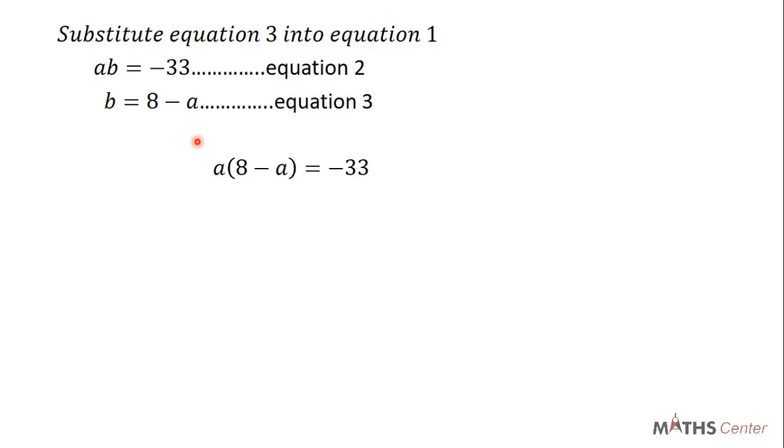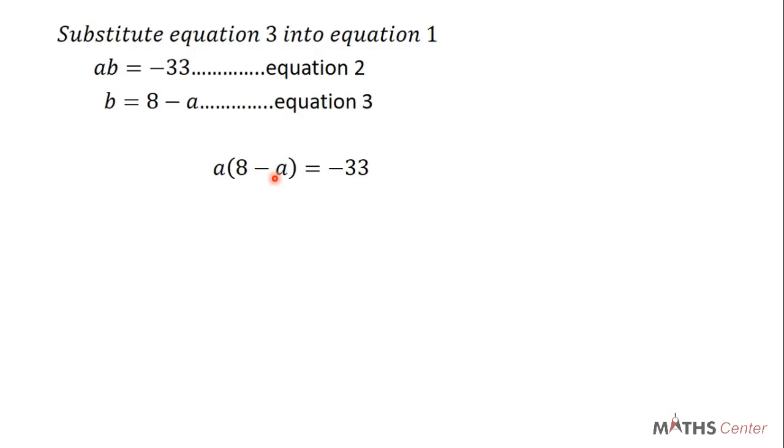Once again, because A is a single term multiplying a binomial, which is 8 minus A, I'm going to put the binomial in a bracket. If you watch the video on algebraic expressions, we explained why you have to put the binomial, which is 8 minus A, into a bracket. Whenever you have a single term like this, which is A, multiplying a binomial, you put the binomial into a bracket.